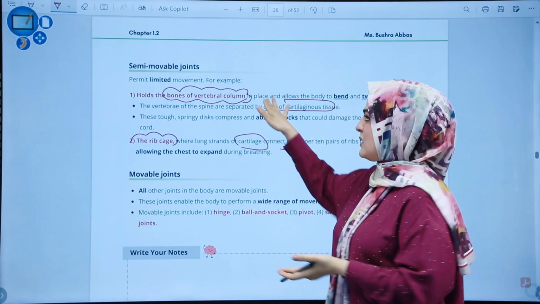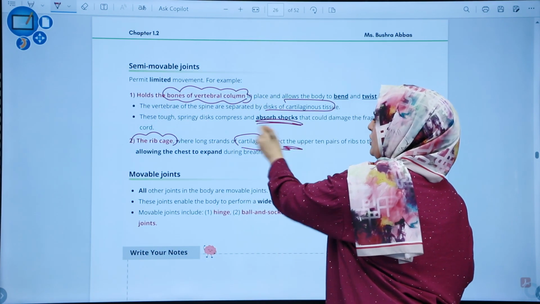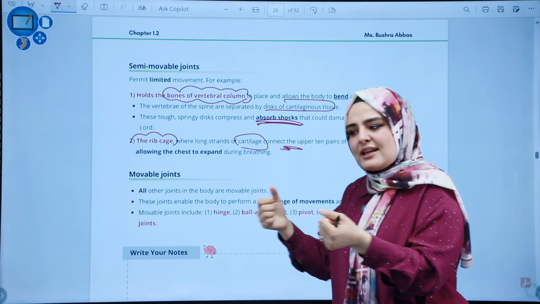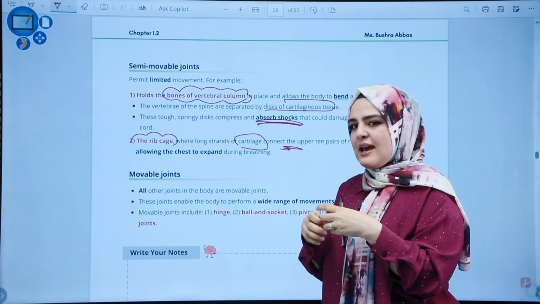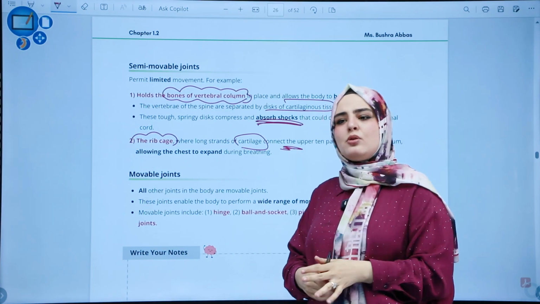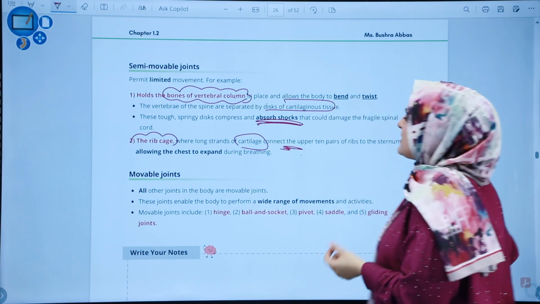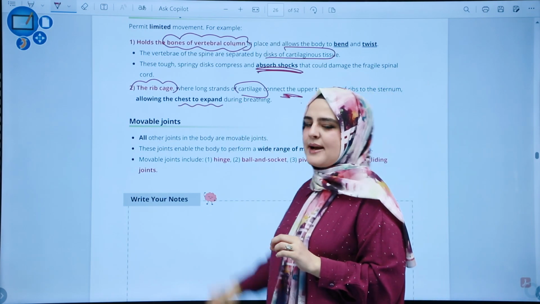The vertebral column has pads, and they're usually shock absorbent. Shock absorbent means that if an impact comes, it is able to take the impact and spread it all over so that it doesn't break easily. Same goes for the rib cage. It gives it enough flexibility that the chest is able to expand.